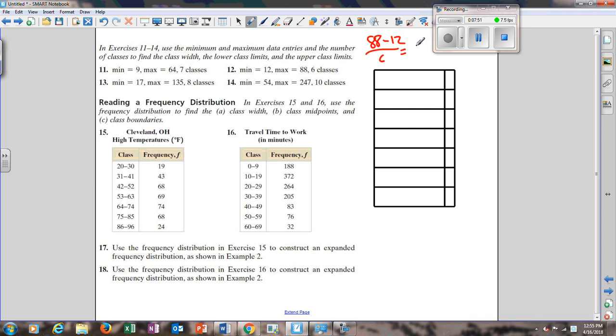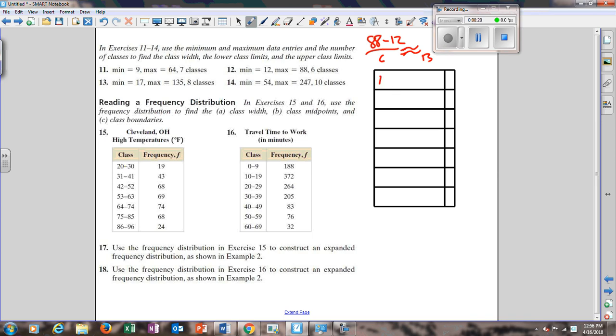So 88 minus 12 gives you 76. 76 divided by 6 gives you 12.6 repeating. So your number is going to be 13. Just remember, it wants you to do a convenient number. So we're going to say 13.